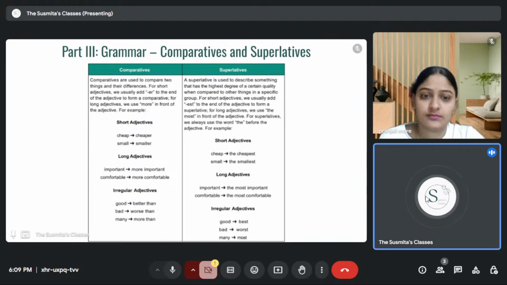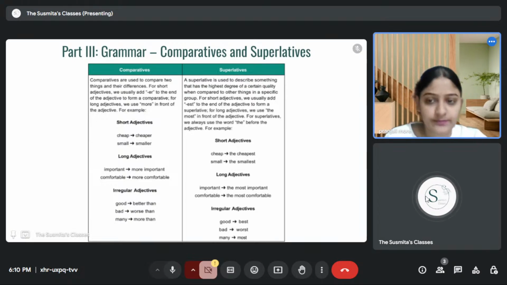Good becomes better and best. What many people do is, they say this is the most best, this is more better. Now these words are already in comparative and superlative form, so we don't need any other words with them. Okay, that's what we have to remember. Clear? Any confusion, any doubt over here?